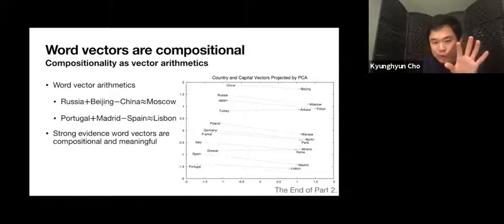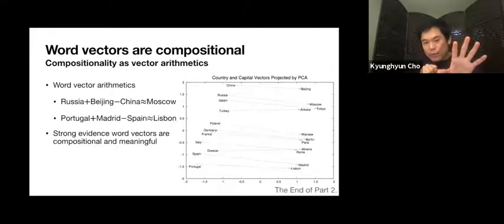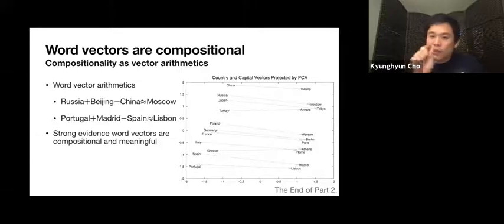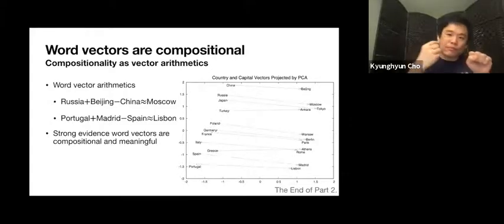We start from Portugal, whose capital is Lisbon. What I want to do is subtract Lisbon, that is, subtract the capital of Portugal, and then add Madrid instead. All of this happens in this d-dimensional vector space, and then I look for the nearest word to the resulting vector, that is, Portugal minus Lisbon plus Madrid.